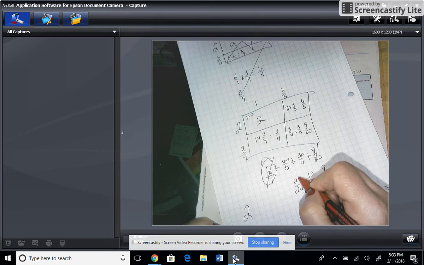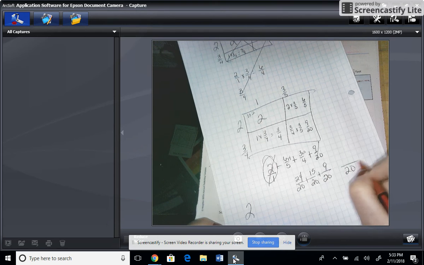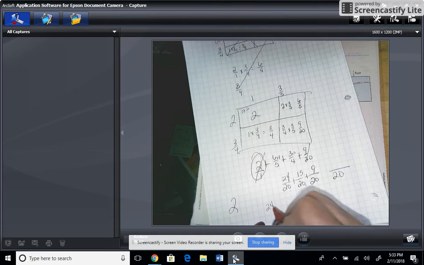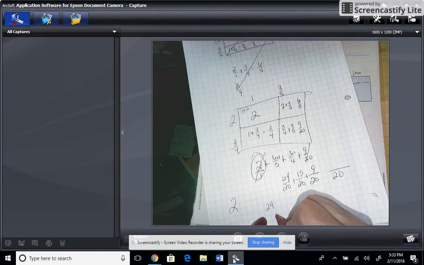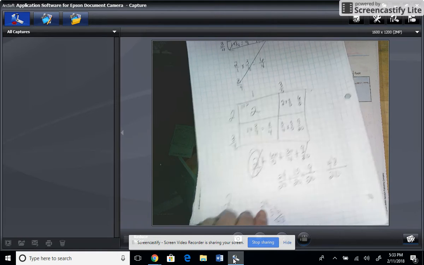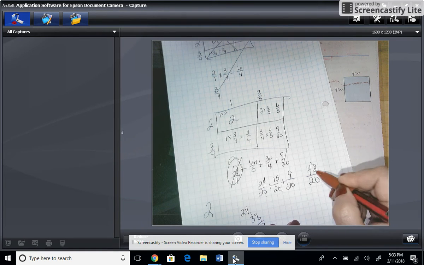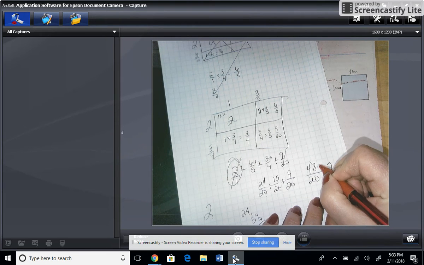So now I have to add all these together, and I get 20 in the denominator. And up here, I have 24 plus 15, which is 39. And 39 plus 9 is 48. So now I have an improper fraction, and I ask myself, how many 20s can go into 48? Well, 2, and that would be 40. So I would subtract 40 off of that, and I get 8/20.